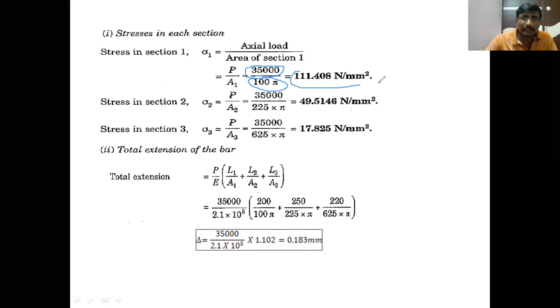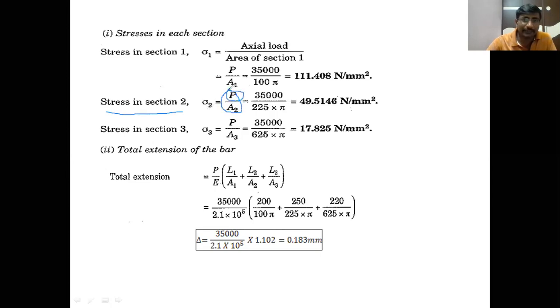Therefore, sigma 1, the stress in the first section, is 111.408 newtons per mm square. Stress is also represented in megapascals. That means 111.408 megapascals. Then similarly, the stress in the second section, sigma 2, equals load divided by area.